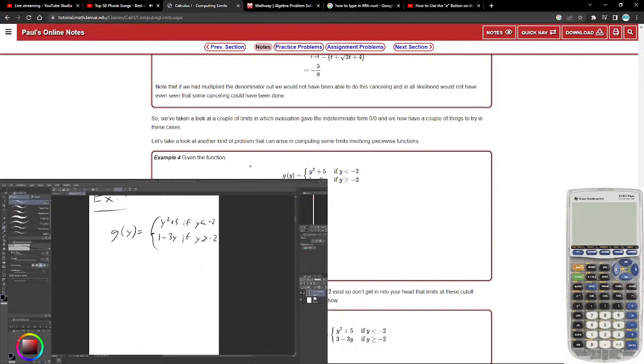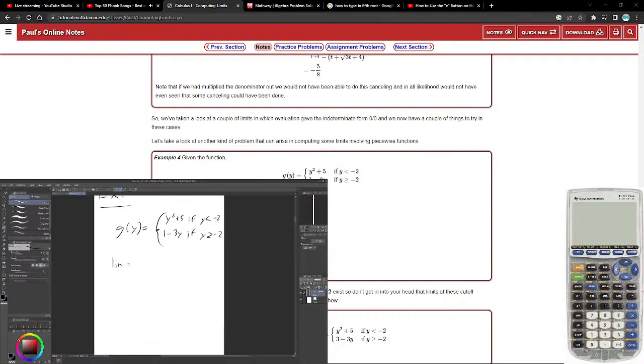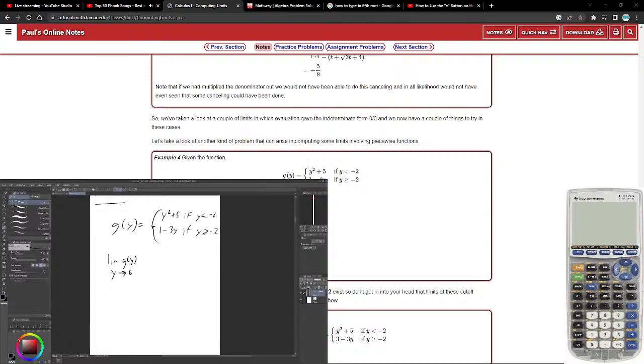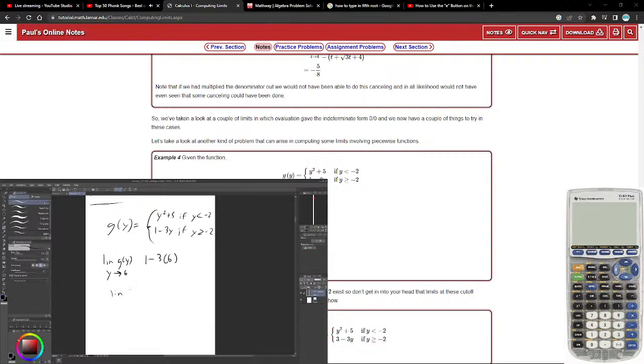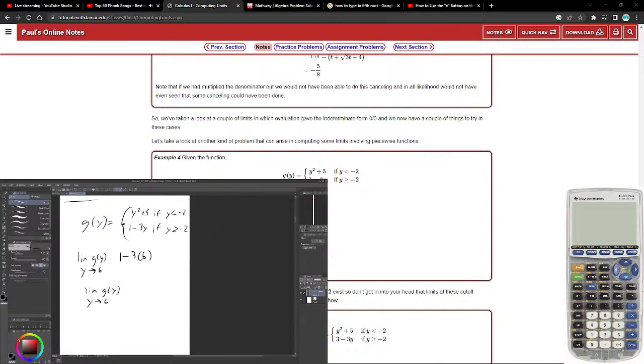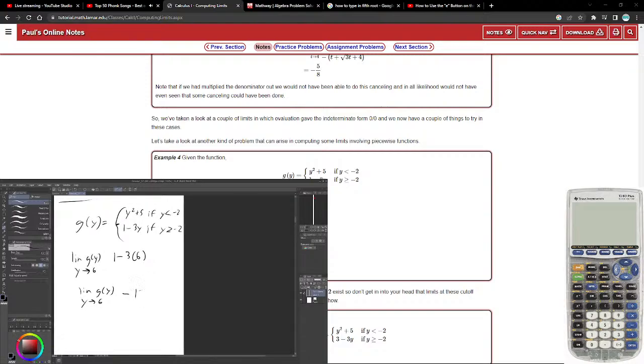So first one is 6. One minus 3, 6. One minus, to negative 17.